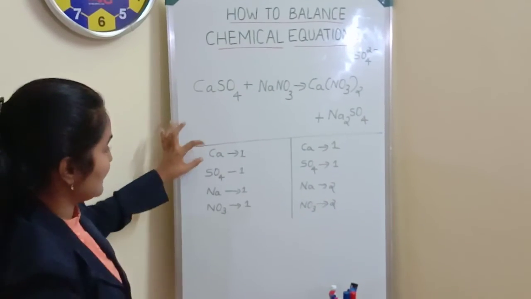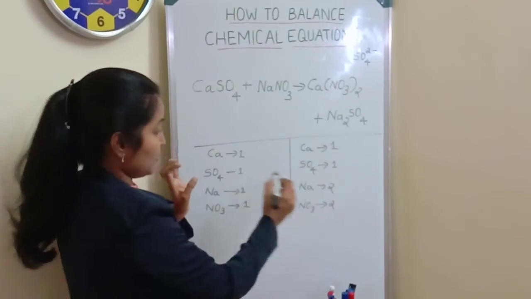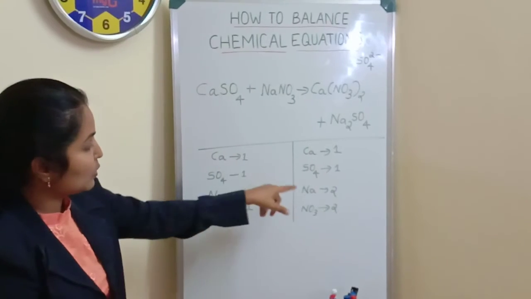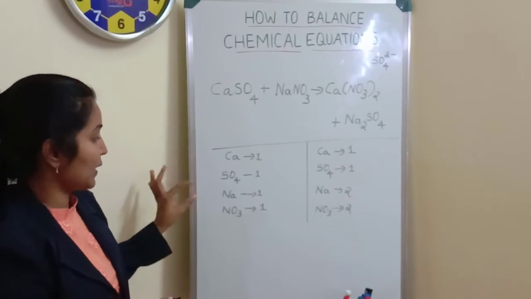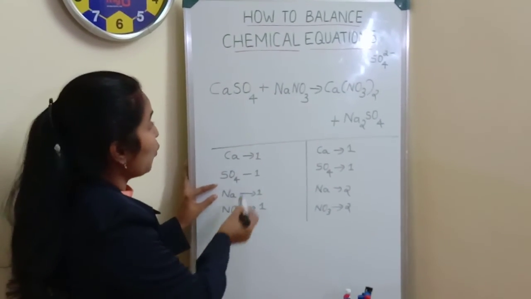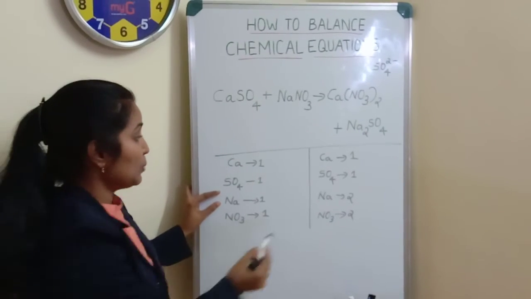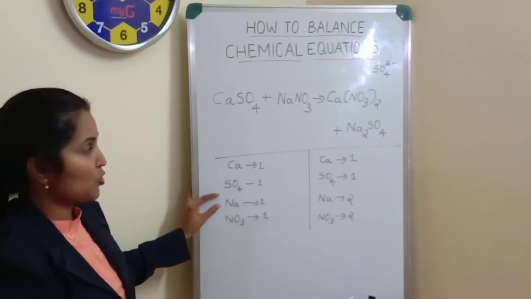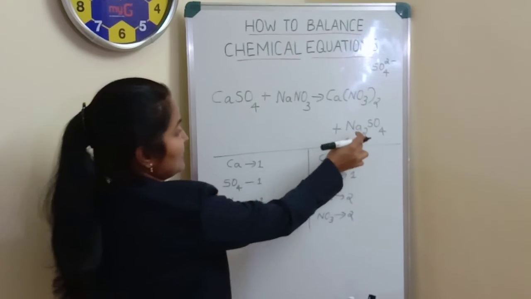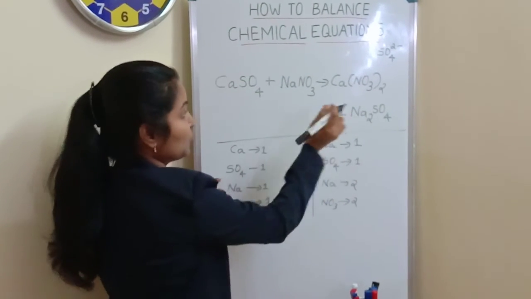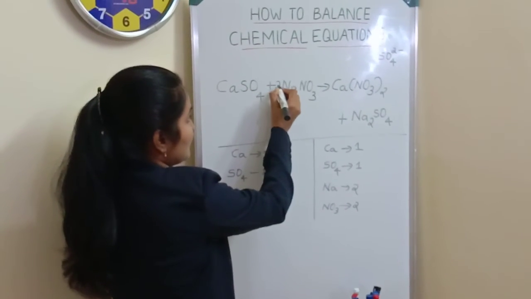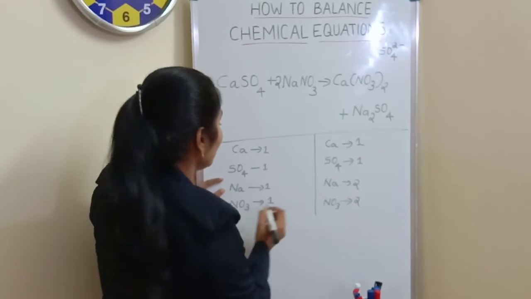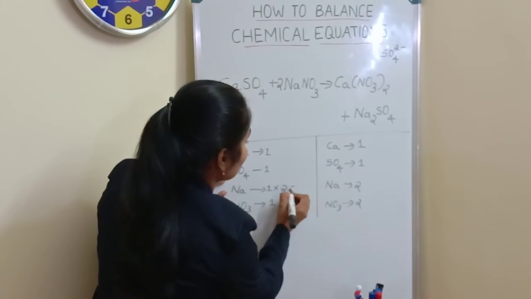Now see here calcium 1 here on both the sides, so it is okay. SO4 also on both sides we have 1, so it's okay. Na we have 1 in the reactant side but 2 in the product side. So I should make it 2 in the reactant side also. Product side it's already 2. So 1 into 2 it becomes 2.